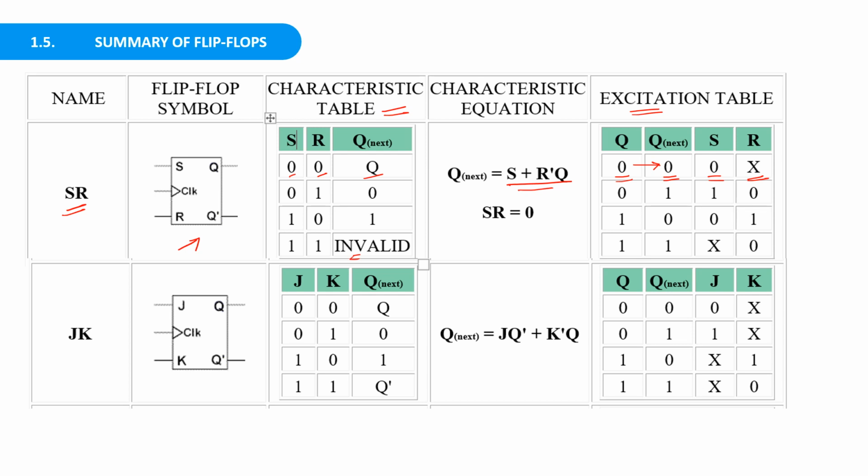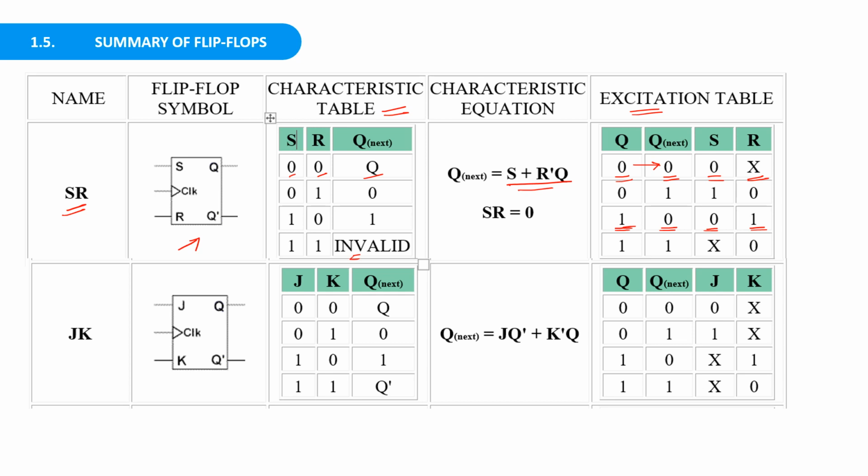Similarly, you can take this condition: if the current output is 1 and the next state required is 0, you have to give S as 0 and R as 1 before giving the next clock pulse. So excitation table means for a particular change of the output, what input combination you must give. That is known as the excitation table.